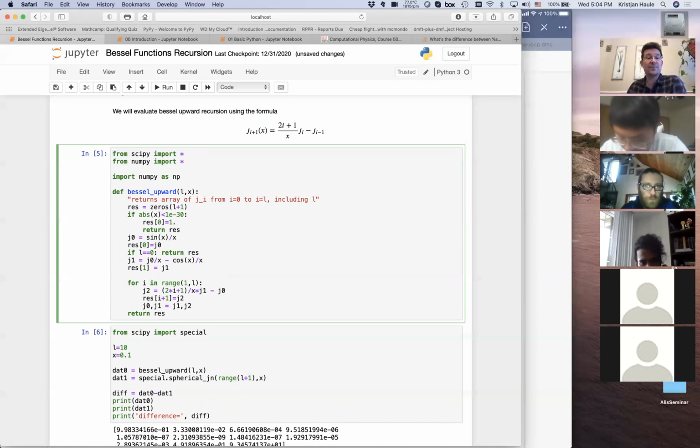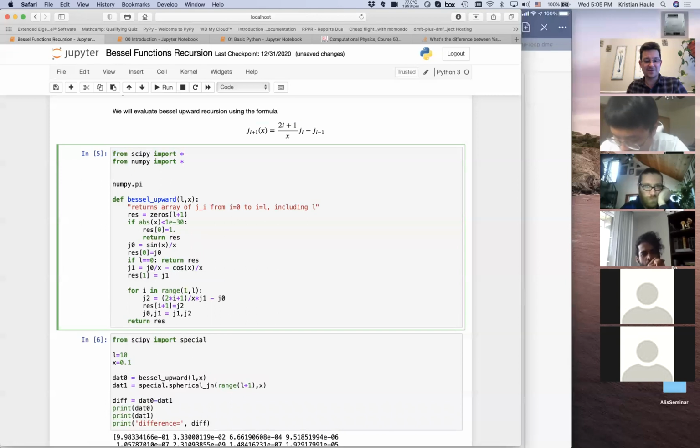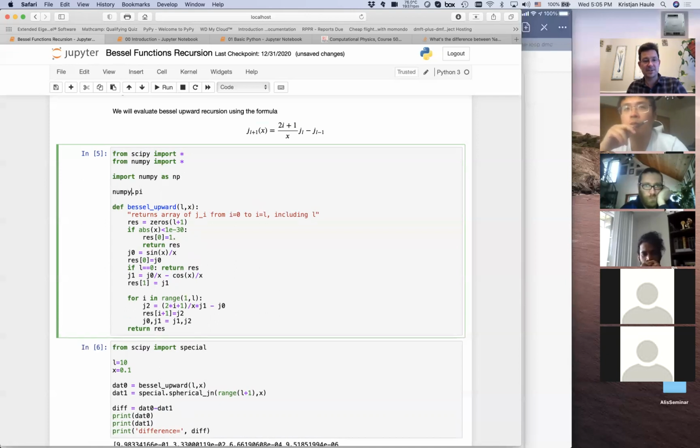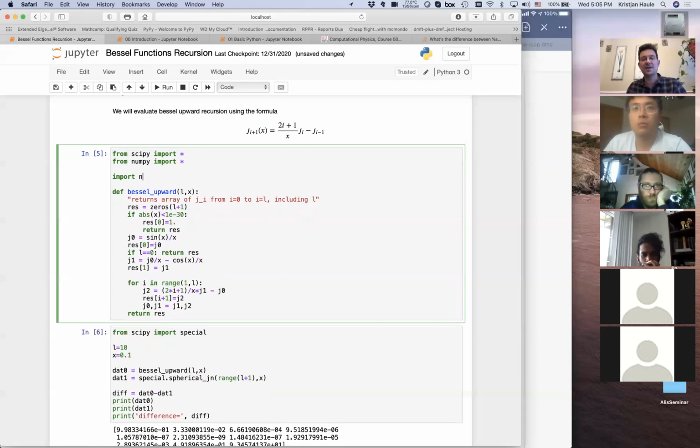However, if I write from numpy import star, it means that any symbol inside numpy does not need to be prepended with numpy. For example, even if I wanted pi, I would need to write numpy.pi, which is kind of awkward. So I can do import numpy as np, and then I could use np.pi. Only if I use from numpy import star, then I can just use pi.